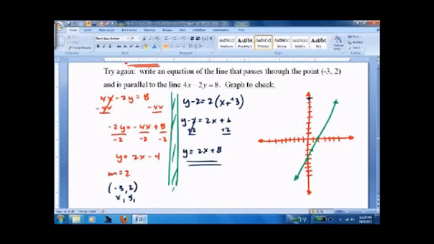Since there's nowhere to go up, we'll go down. 2 down, 1 to the left, 2 down, 1 to the left. And the point is (-3, 2). There it is. Good. Works.